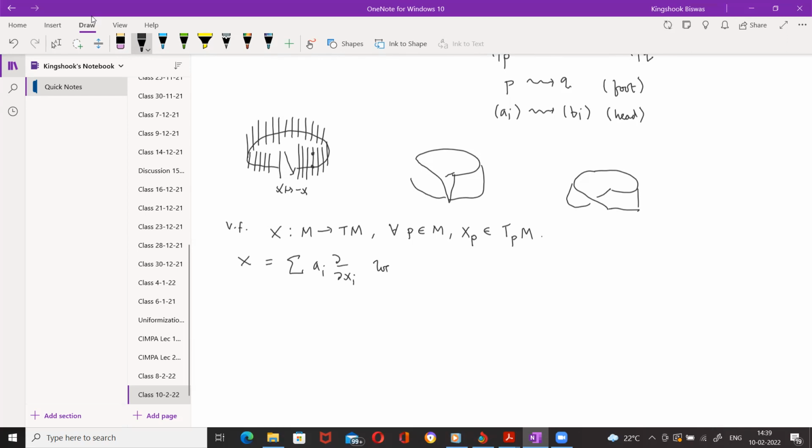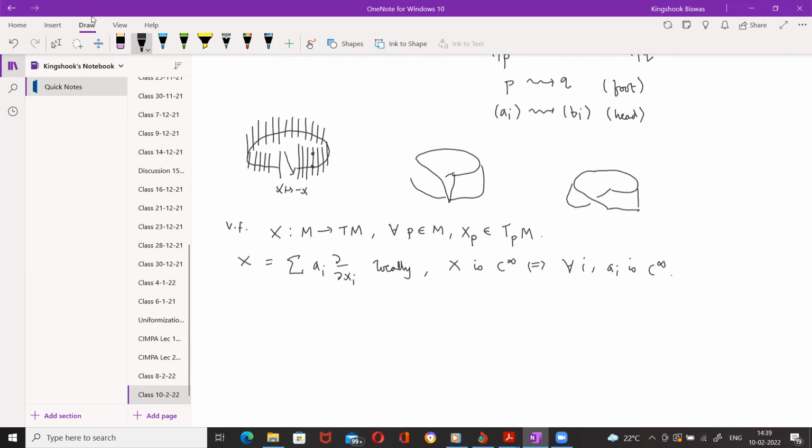Where the a_i's are functions. And so X is C infinity, we said, if and only if for all i, a_i is C infinity. This was our definition.